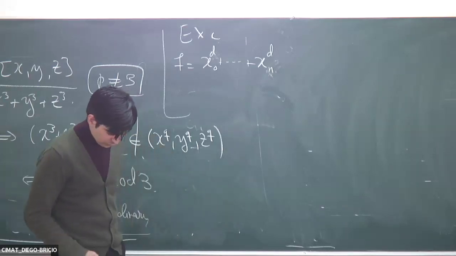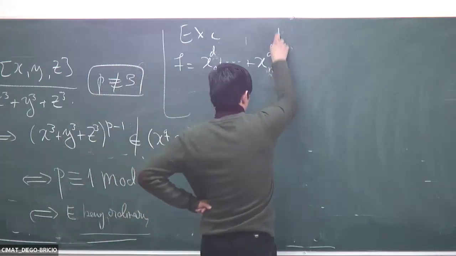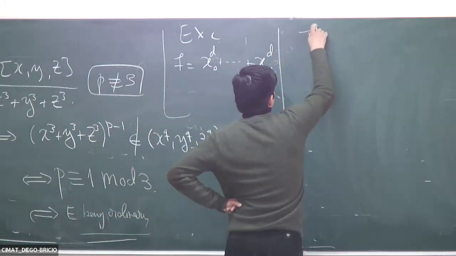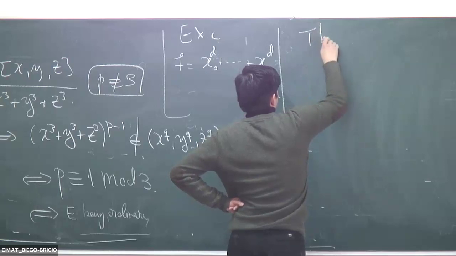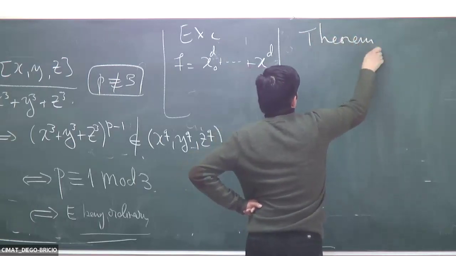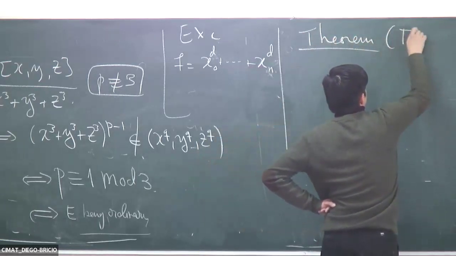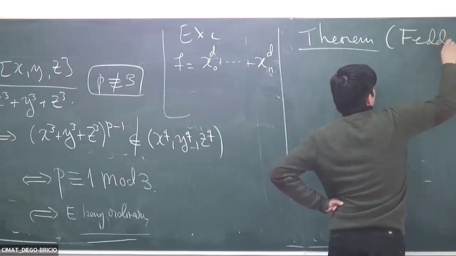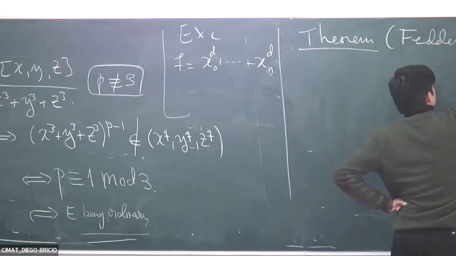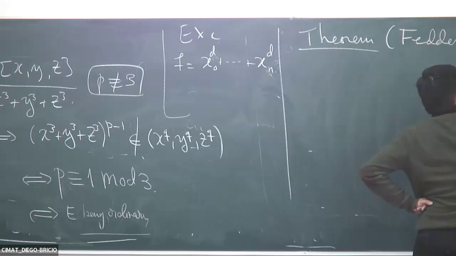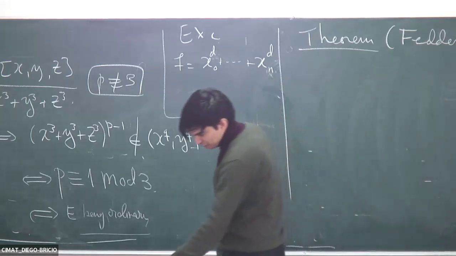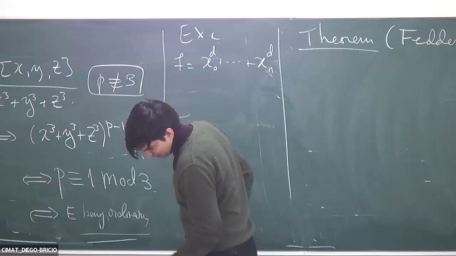Okay? So, theorem. This is the most general version of Fedder's theorem. It also goes by the name of Fedder's criterion. It says the following, no p-basis, nothing.